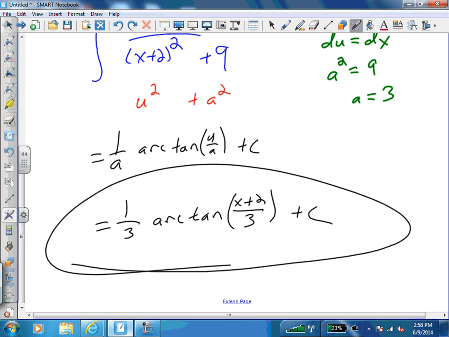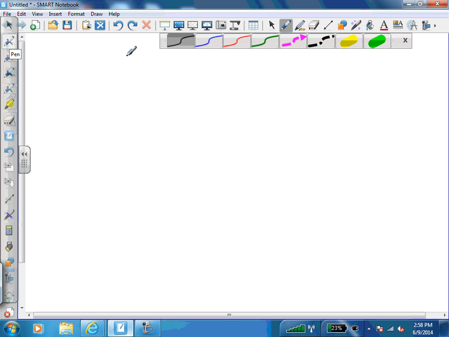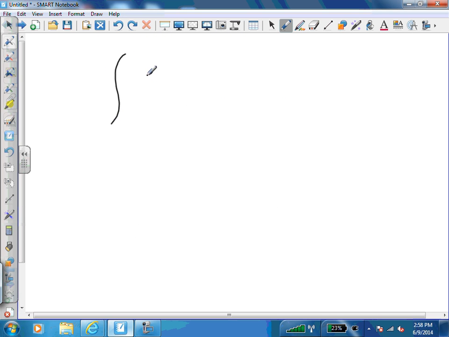Let's look at another one similar to this. We won't finish the whole problem, but let's just look at setting it up. Is there a constant on bottom?